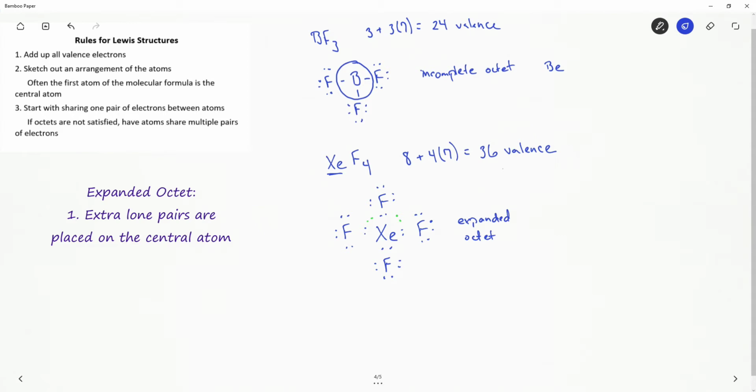Now let me draw this with the bonds, and I think you'll see it a little more clearly. Of course, we have to put our lone pairs in.